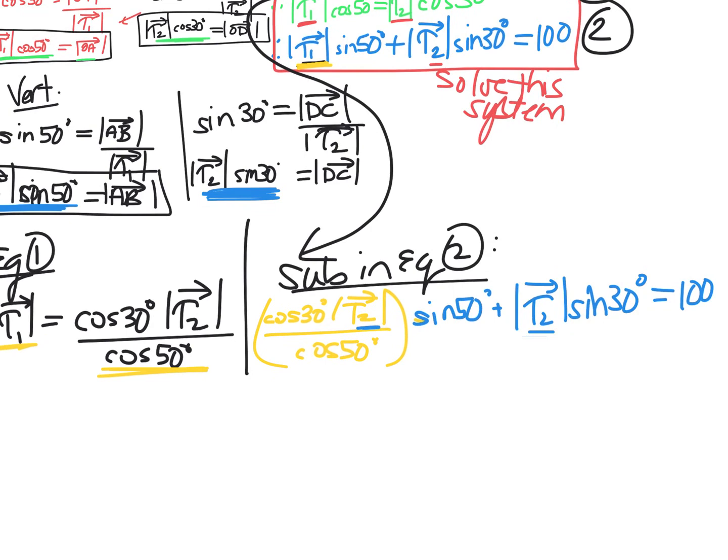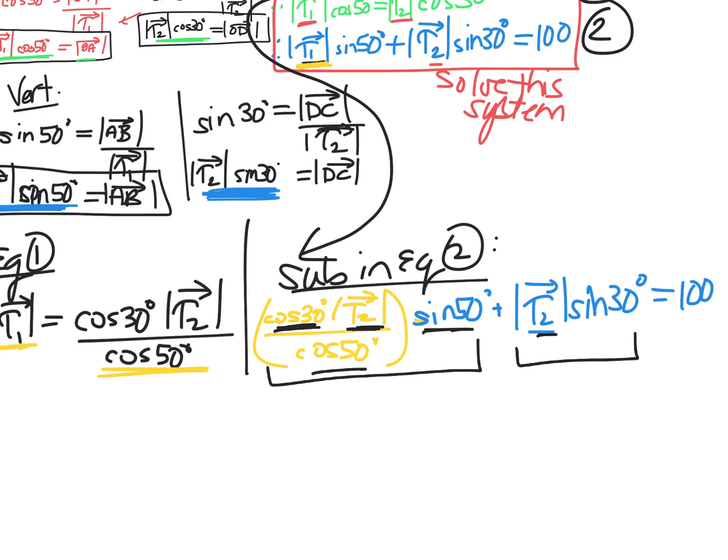Just to make sure you understand the steps, these are really like terms. These are two big terms and they both have the variable magnitude of T2 in them. How do you collect like terms? You combine their coefficients. In terms of vectors, those coefficients would be referred to as scalars. So what numbers are being multiplied by tension 2 here?